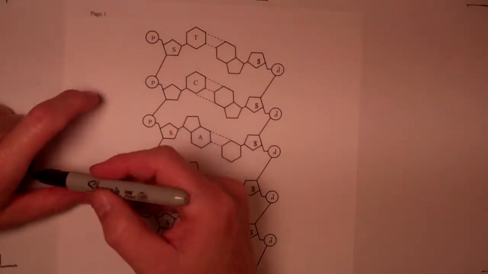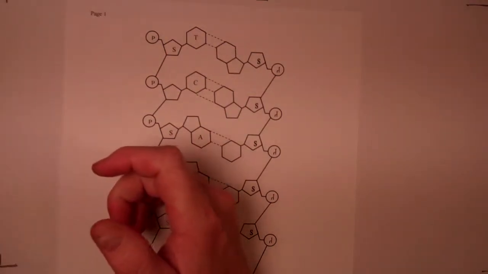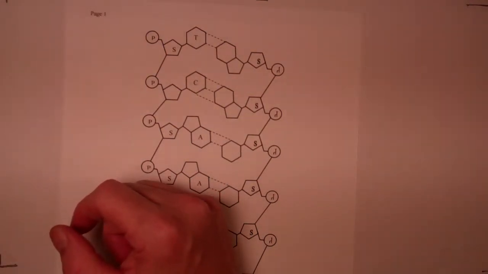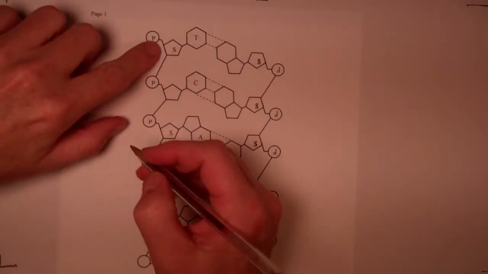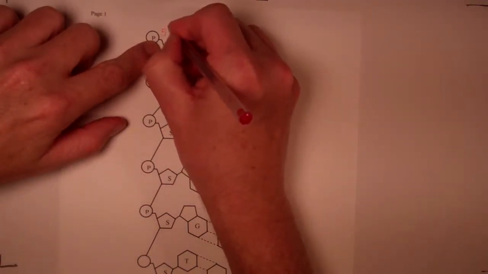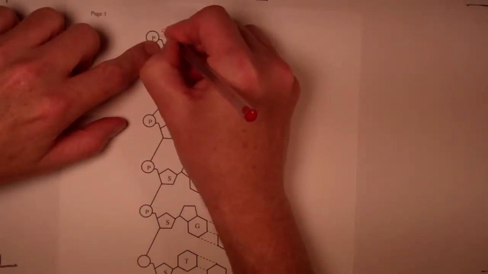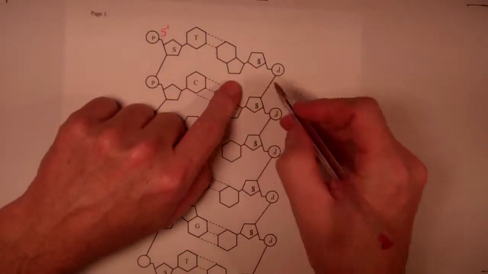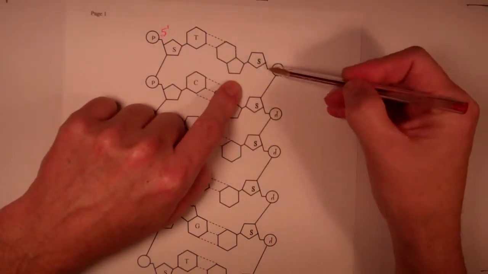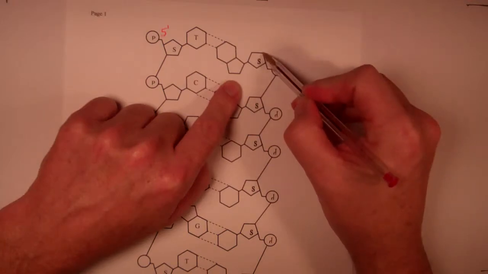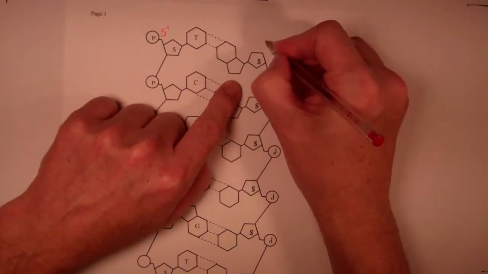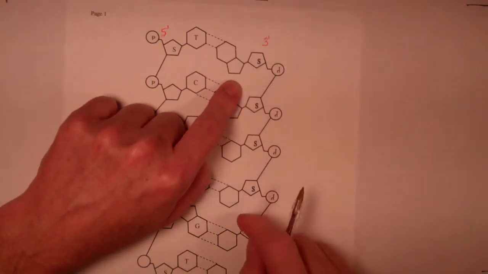And so when we look at this molecule, what we're seeing is the 5' end on this strand, because we have number 5 here. Now on this other strand, we have our 5' end up over on this side, but our carbon 3 end is open, so this is the 3' end.